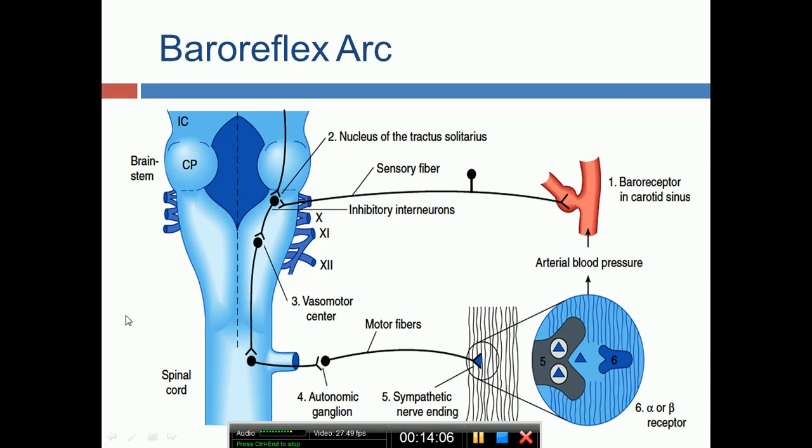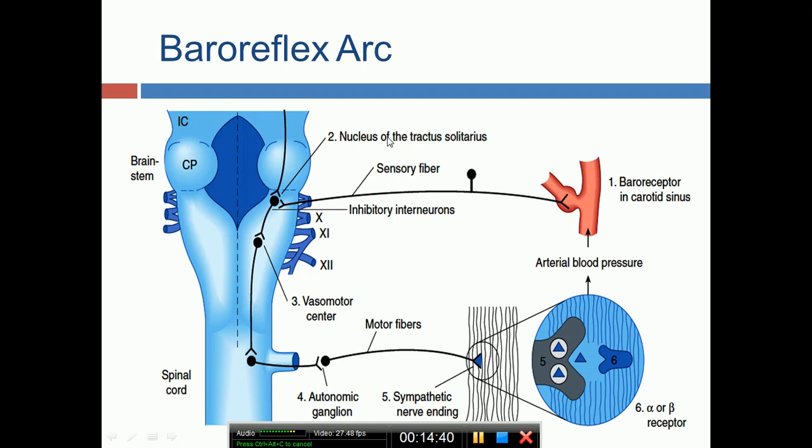In this baroreflex arc, baroreceptors in the carotid sinus receive the message and send it through a sensory fiber into the cardiovascular center in the brainstem. There the information is assessed, whether the blood pressure is raised or decreased.